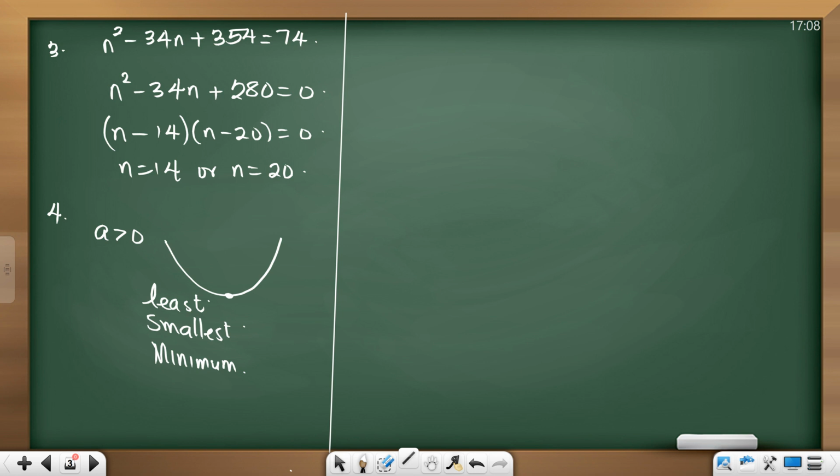That's the edge of what? The parabola. You are looking for the axis of symmetry. But so there are 4 ways, like I said. So we could have said n equals what? Minus b over 2a, minus negative 34.